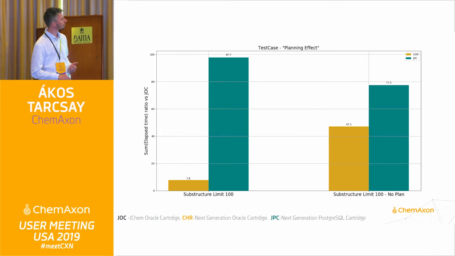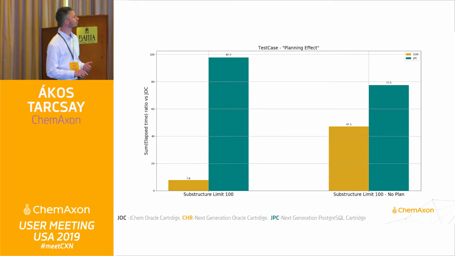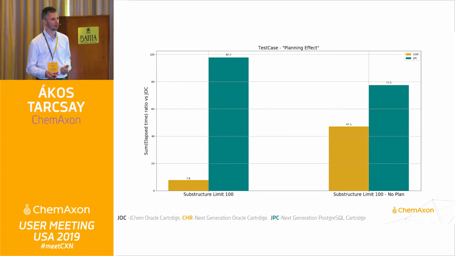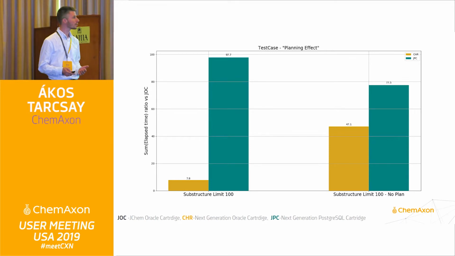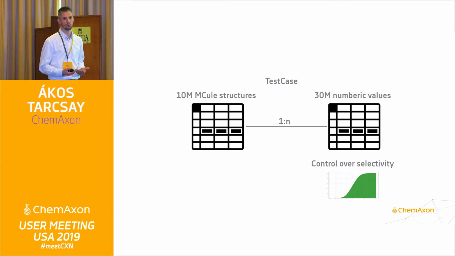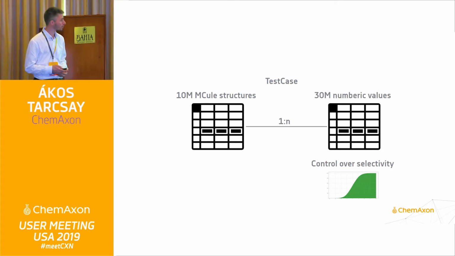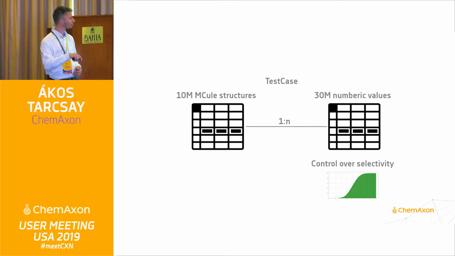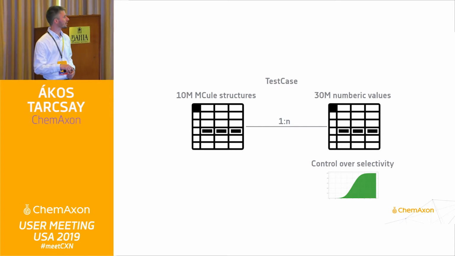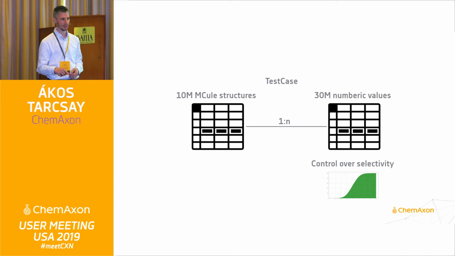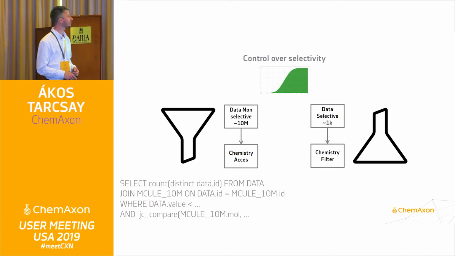However, when we introduce this no plan, it will be 50 times and close to 80 times speed up with the JPC. So as you can see, we do have speed up. So that's to back up what was said by András Wolford. But our goal with this test case was to have control over selectivity in this additional data table.